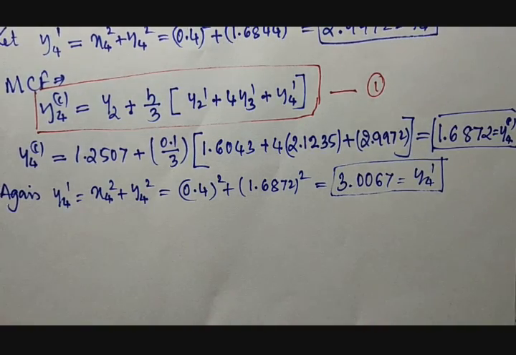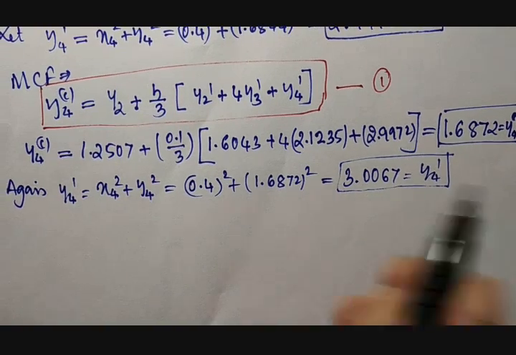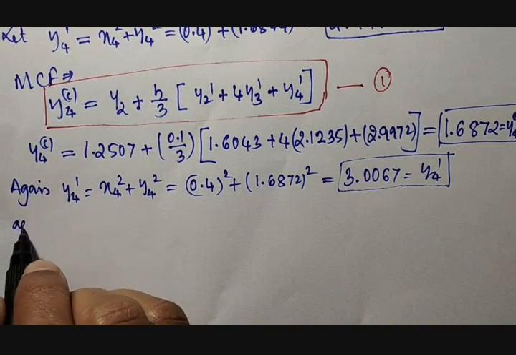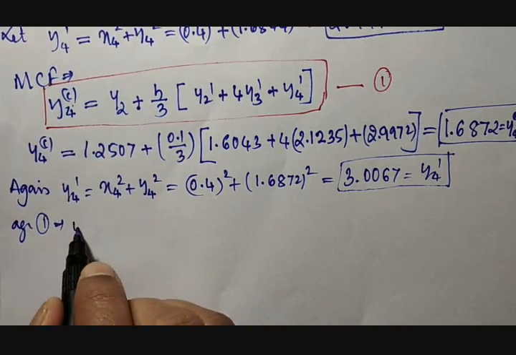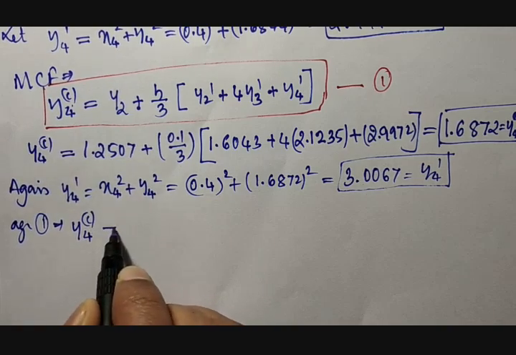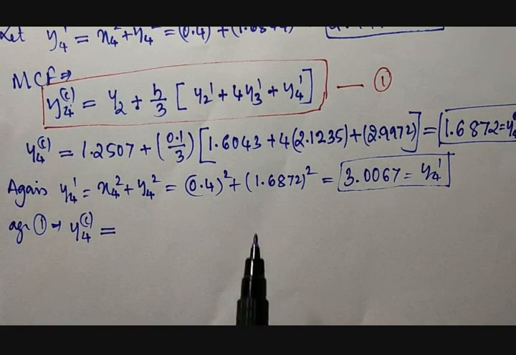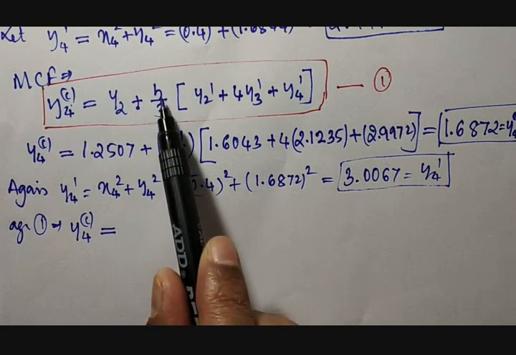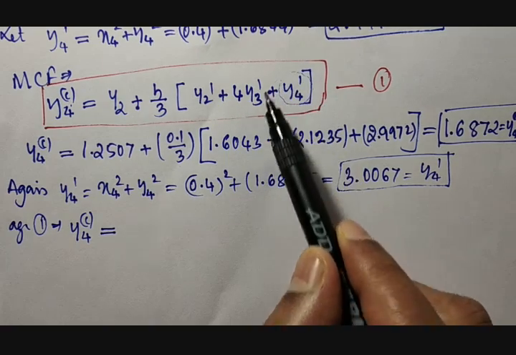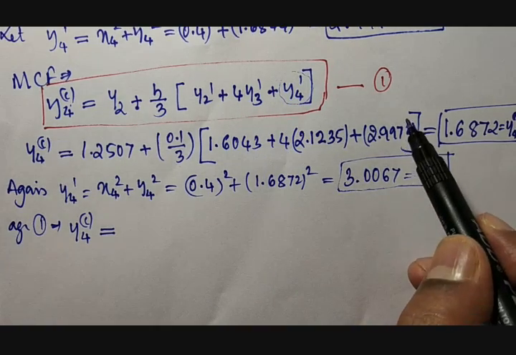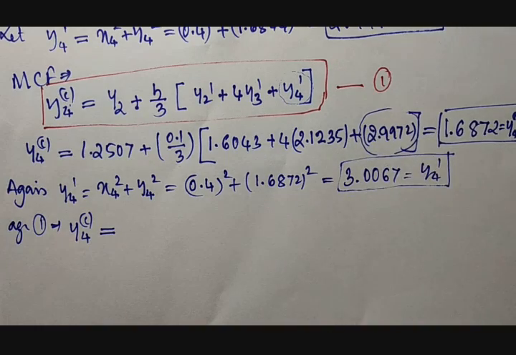Okay, then substitute this again in equation number 1. Then correction to y4 is equal to, now again you can see y2 remains the same, everything remains the same. What changes? Only this portion will change. This will be replaced by the new value.